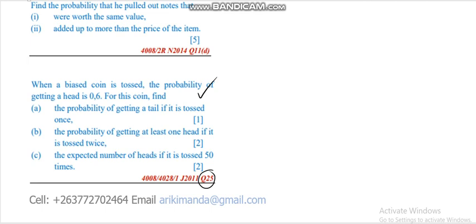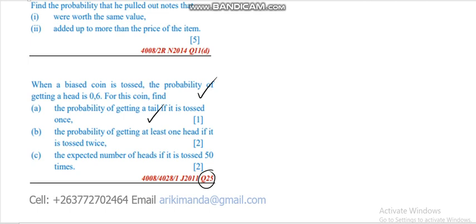When a coin is said to be biased, it means its likelihood tilts in favor of a head. It simply means the probability of getting a head is higher as compared to getting a tail. The question says, for this coin, find the probability of getting a tail if it is tossed once.